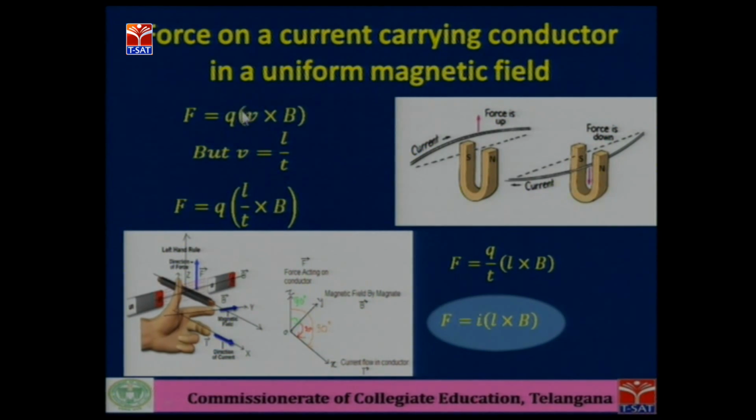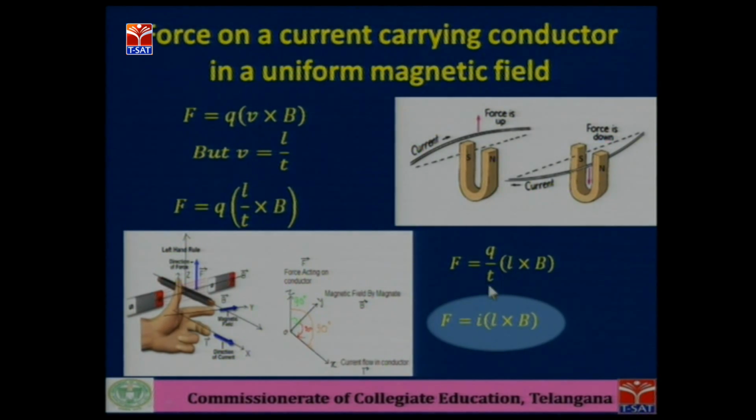That is the velocity of the particle, which is nothing but length by time. If that is substituted, F is equal to Q into L by T into B. And if this T is brought to this side, because it is a scalar quantity and can be taken outside the vector, then F is equal to Q by T into L cross B.